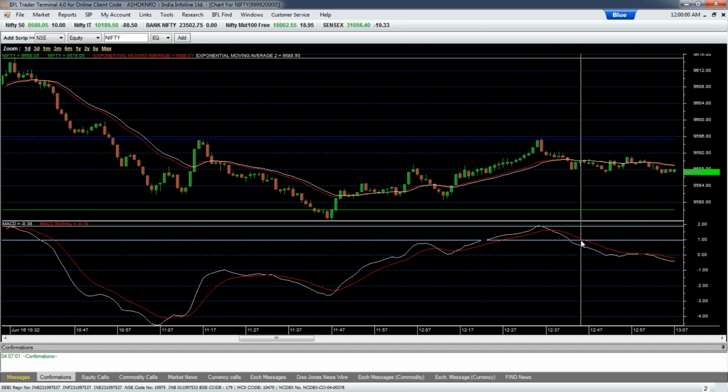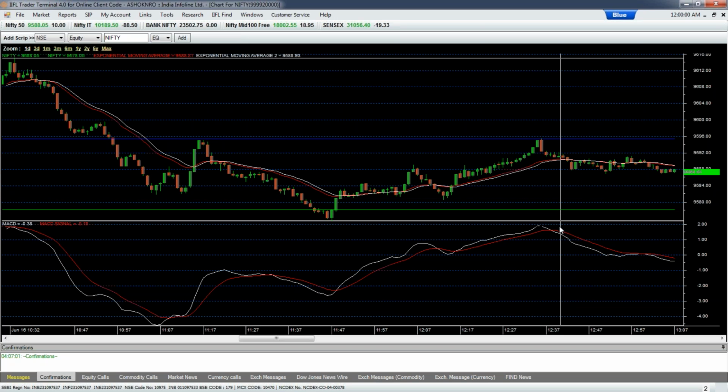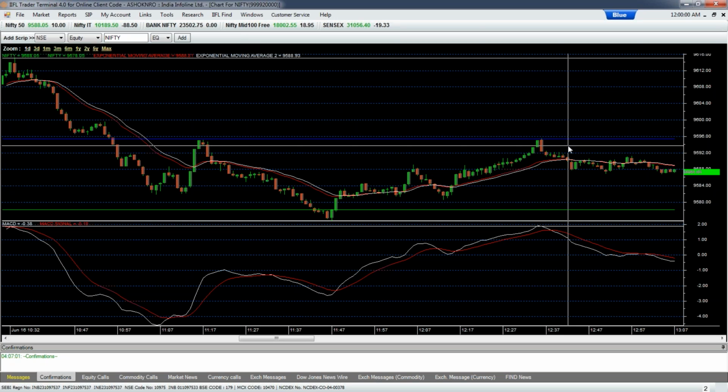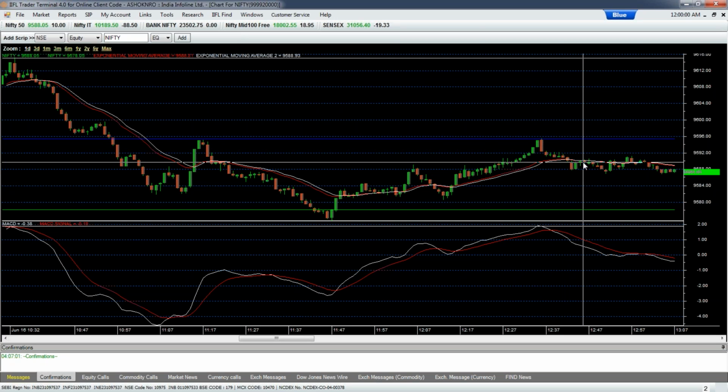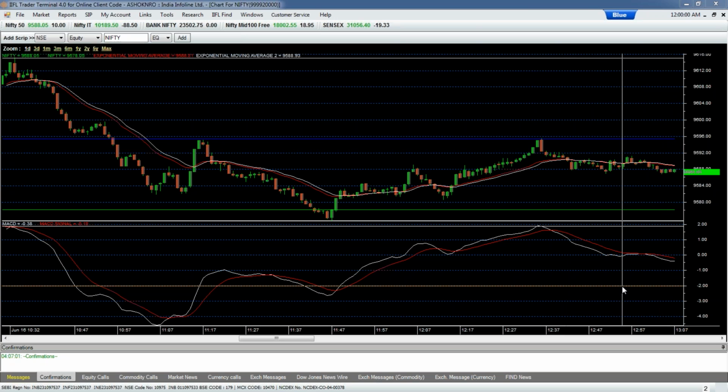How is it helpful when you are intraday trading? If it is intraday trading, what you will be considering is MACD combined with price action, combined with the 20-21 day moving average, combined with the Fibonacci series.